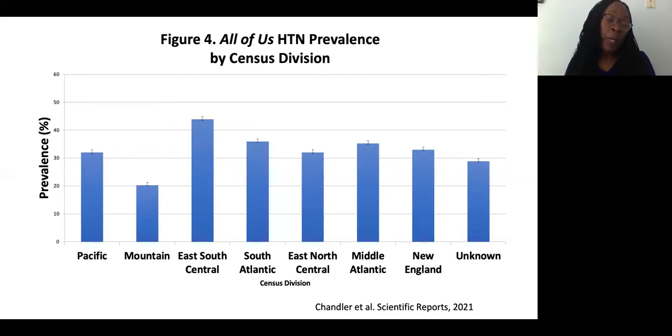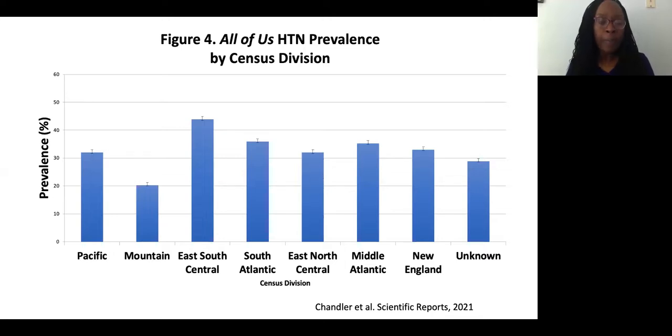And if you know, the Southeast is often called the stroke belt. North Carolina, South Carolina, Mississippi, Alabama, Tennessee, those areas, they have a very high prevalence of stroke, and that parallels the high hypertension prevalence that that region has.